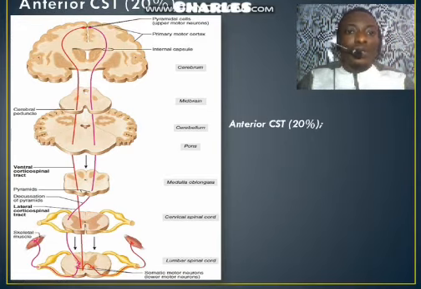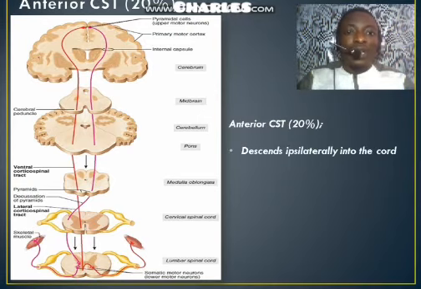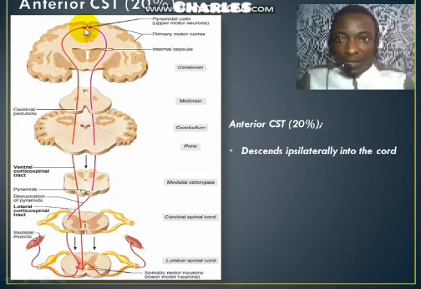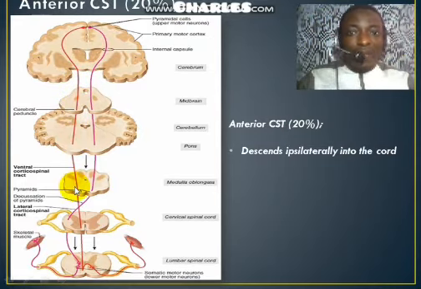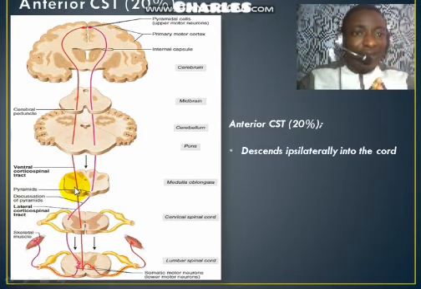Alright, the anterior corticospinal tract forms only 20% of the fibers of the corticospinal tract. Okay, good. They descend ipsilaterally into the cord. This is the anterior. It descends on the same side of the cord, the midbrain, the pons, and the medulla ipsilaterally, that is on the same side.